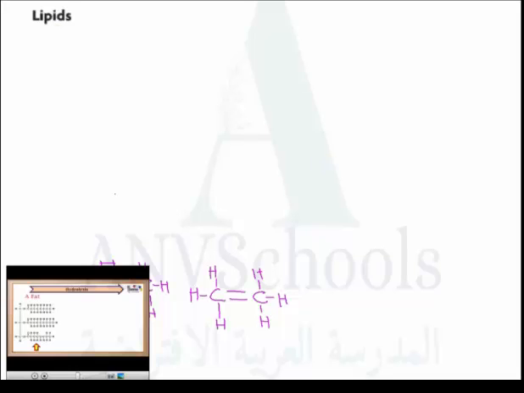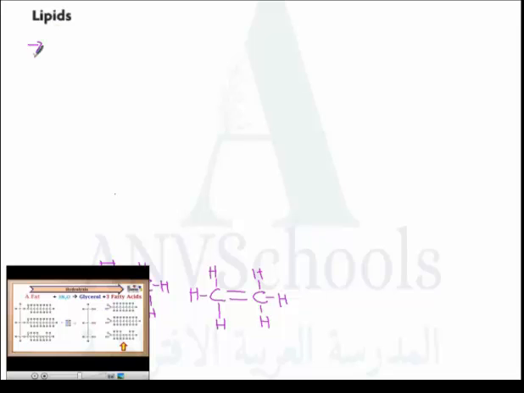So as you have seen, that is how fats are formed or produced. So the double bonds in unsaturated fats make kinks in fatty acids. As a result, the molecules cannot pack together tightly enough in unsaturated fat.